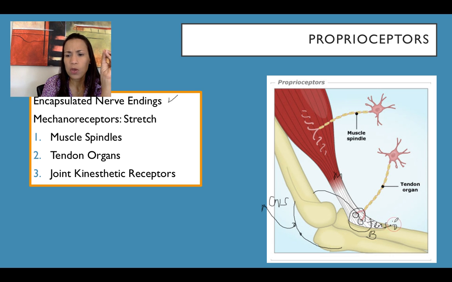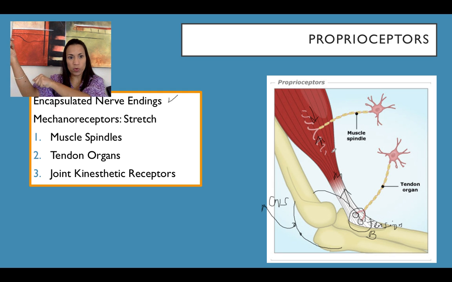So think about it. Whenever you are contracting a muscle, if this muscle shortens, right, it pulls the tendon, right? When you're contracting the biceps brachii, you contract it, and at the same time, you're pulling the tendon to bring the forearm towards your arm, and that's called flexion of the forearm.